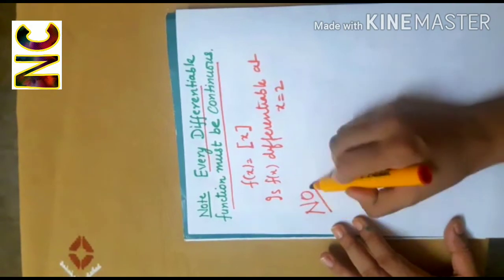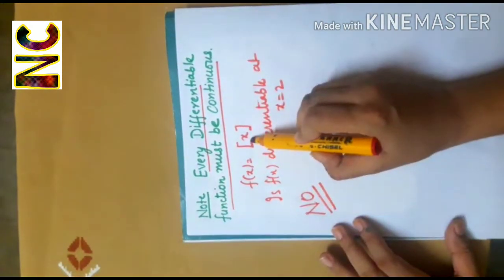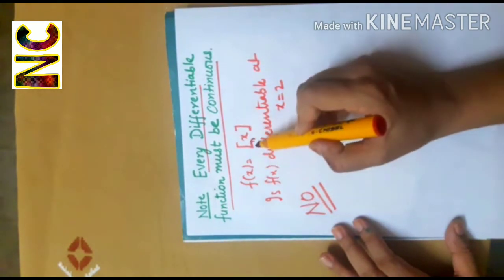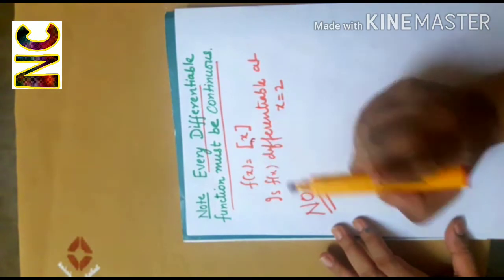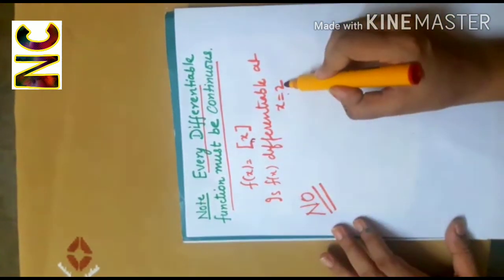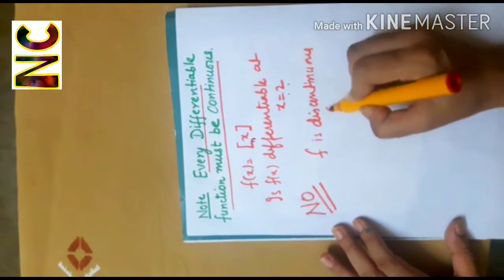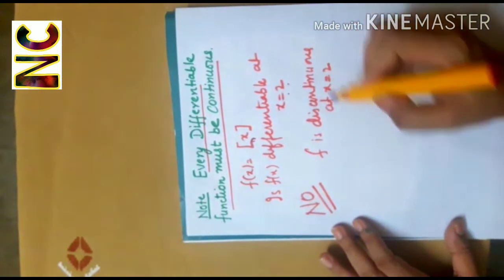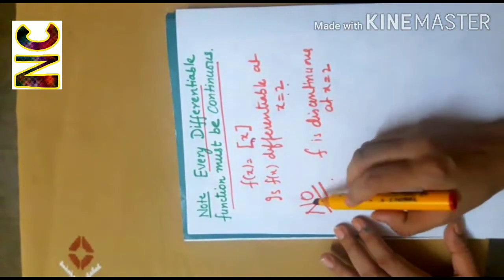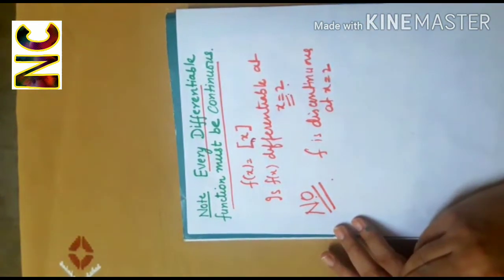The answer will be no, because it is the greatest integer function, and we know that the greatest integer function is discontinuous at all the integral points. So 2 is an integer, so f is discontinuous at x equal to 2. Therefore, f is not differentiable at x equal to 2.